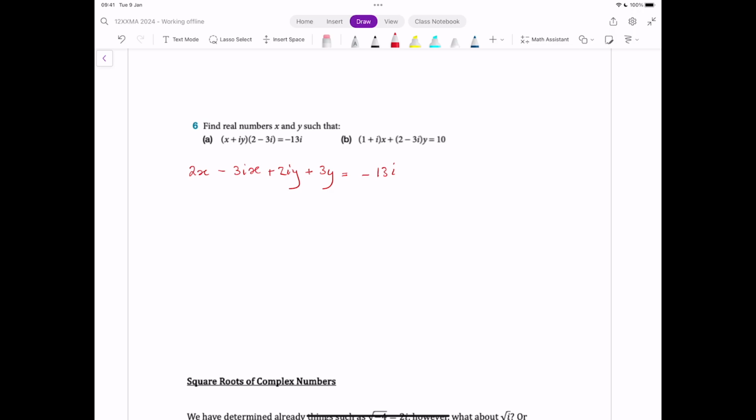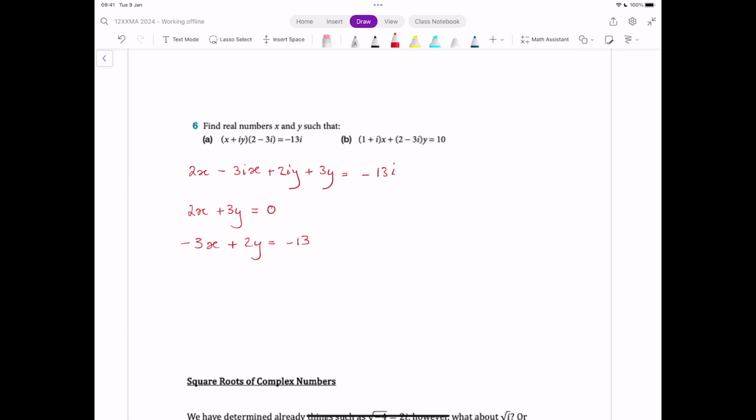Now by equating the real and imaginary components, the real parts on the left-hand side are 2x plus 3y, and that has to equal 0, since there aren't any real components on the right-hand side. The imaginary components on the left-hand side are minus 3x plus 2y, and that equals minus 13.